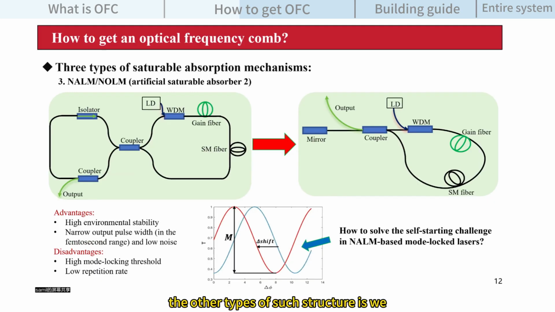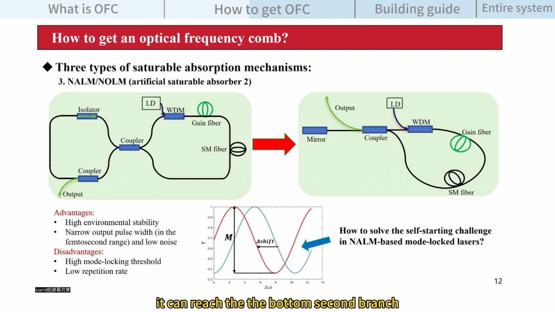Another type of such structure we call the nonlinear amplifying loop mirror, which we also call the figure 8 cavity. And it also has advantages: because it's a fully fiber structure, it has higher environmental stability, and the output pulse width is also very narrow.